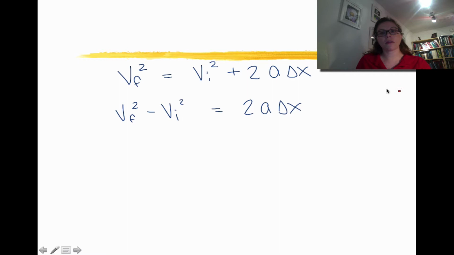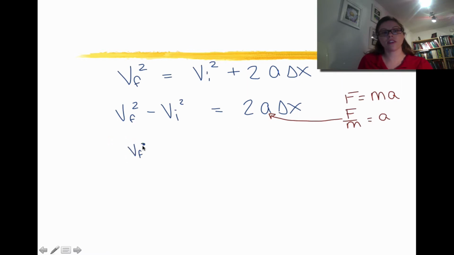Now remember that F equals ma. So I could write a as F divided by m. So we're going to substitute that in right there.